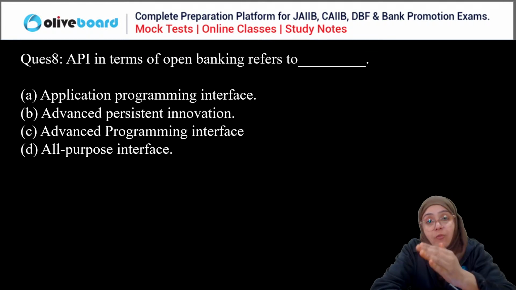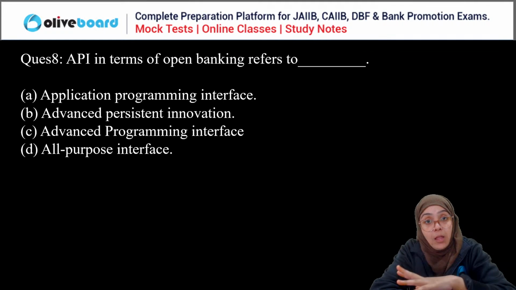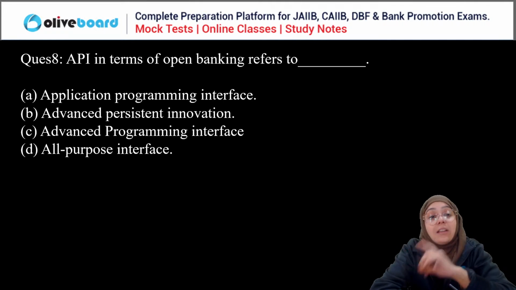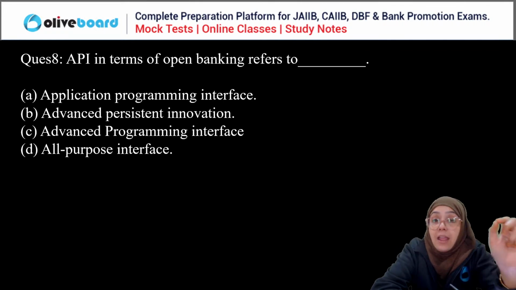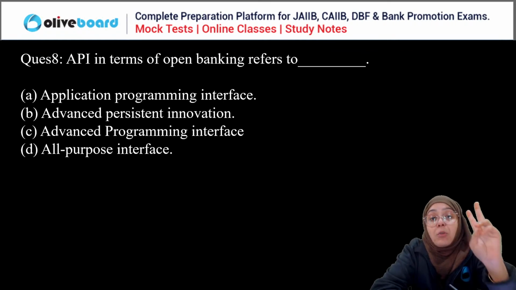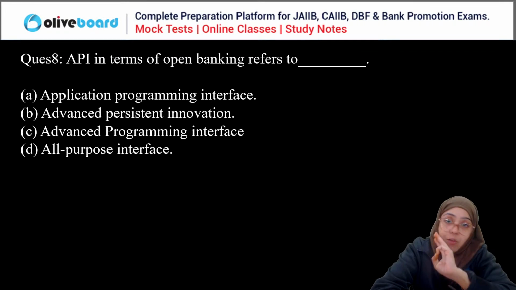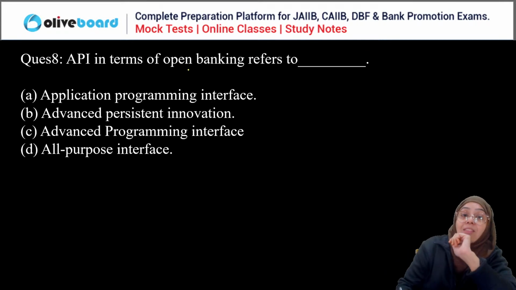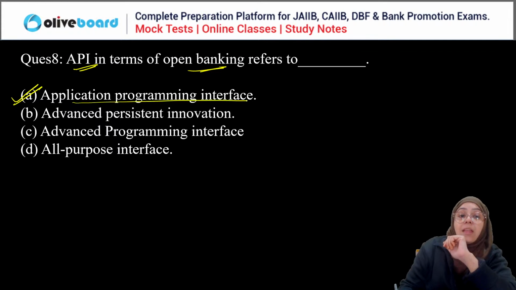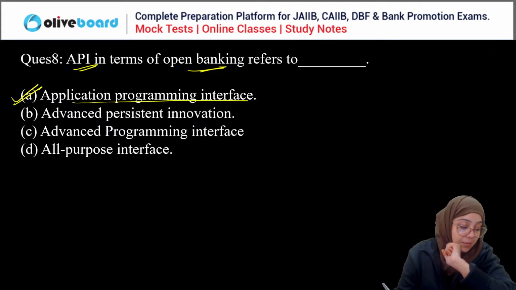Sharing this information with third-party vendors or service providers is called open banking. And when we talk about open banking, application programming interfaces are used for sharing this information. So the technology used in open banking is called API, application programming interface. Clear? Done is the correct answer.